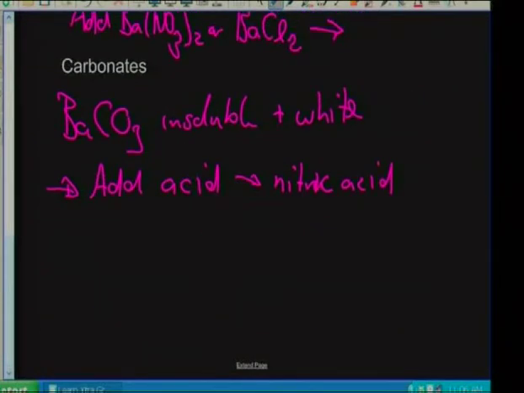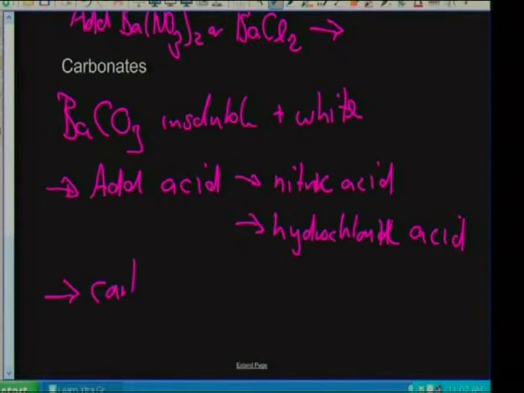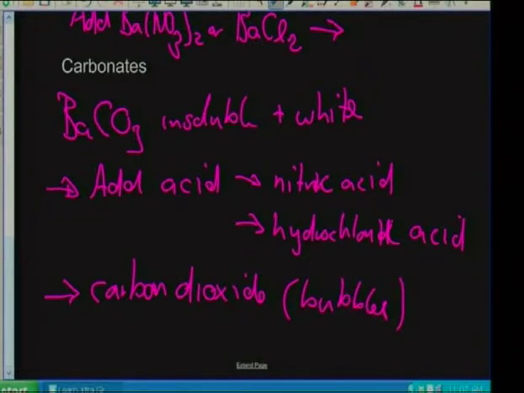We don't want to add sulfate, we could also use hydrochloric. So if it is a carbonate, what will happen? Then we will release some carbon dioxide. Bubbles will be released, and the precipitate will disappear.